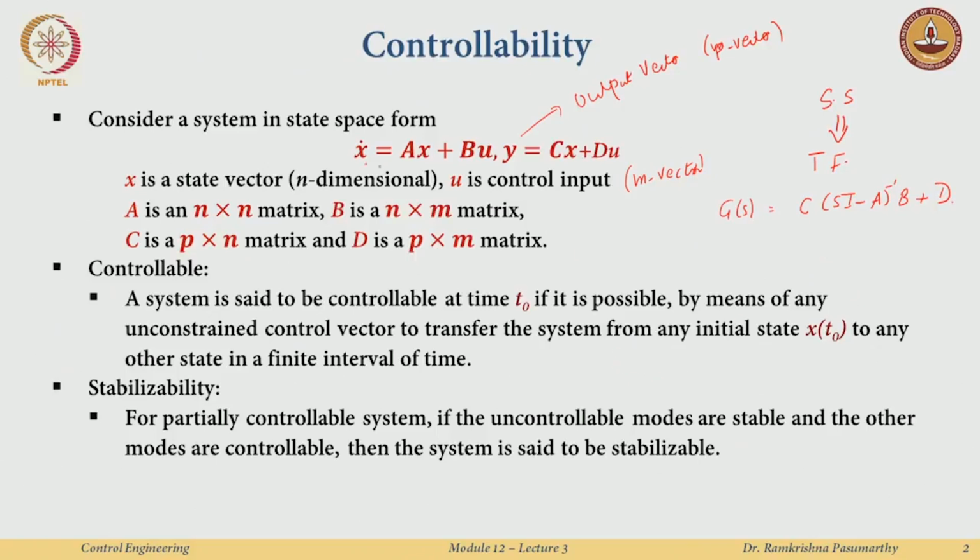Now, a very important notion. So far when we were doing the entire transfer function based analysis of designing compensators via root locus, via the frequency domain, Bode plots, steady state errors and so on, we never asked ourselves, is the system controllable?